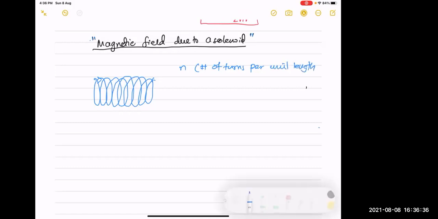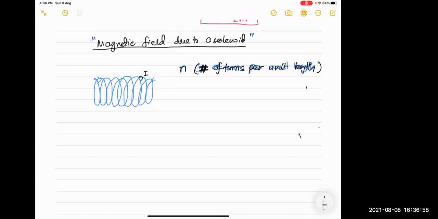Okay, that is n, and I is the current in one turn.